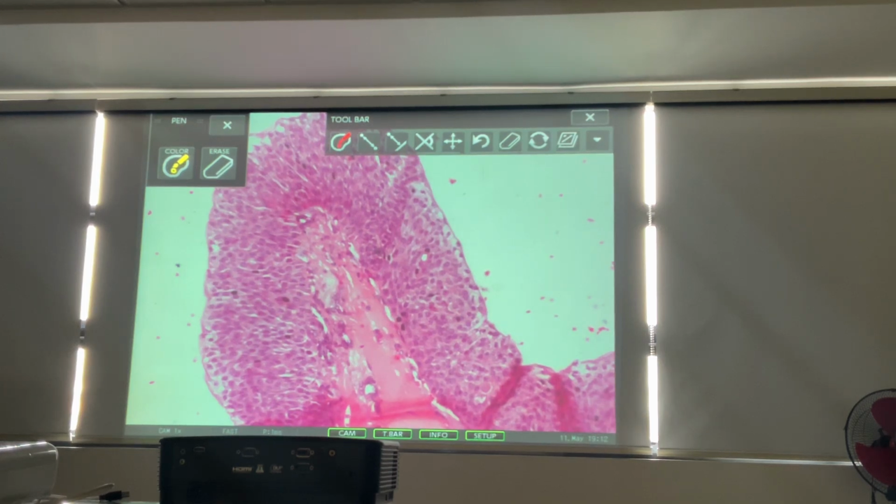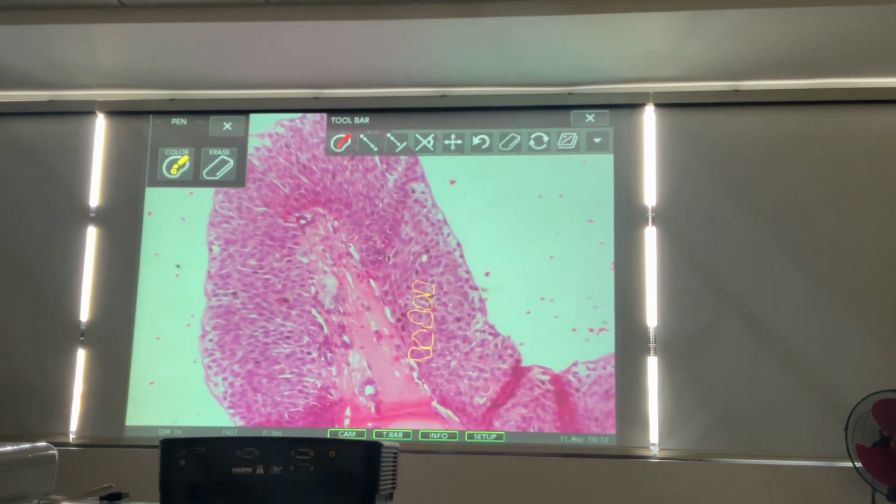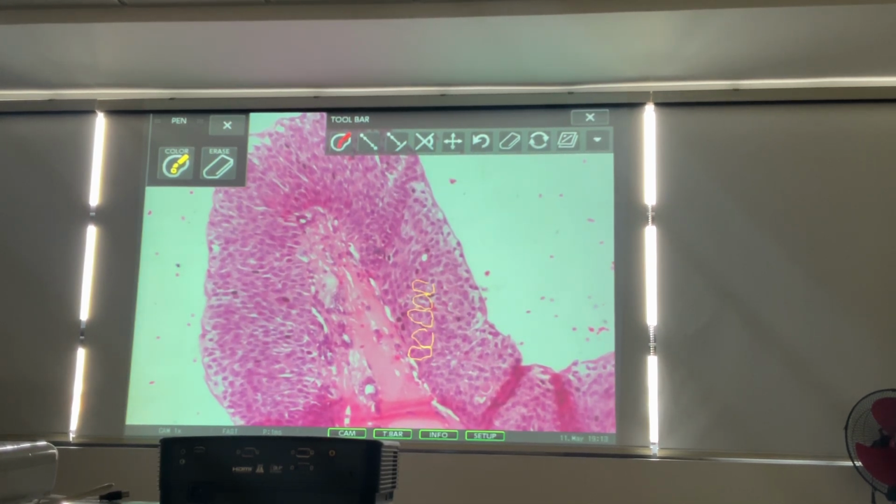I'm not sure if you still remember your normal histology, but what do you call these topmost cells? Very good, umbrella cells. So they look like umbrella because the cells are usually rounded, but when they reach the topmost layer, your umbrella cells look like umbrellas.